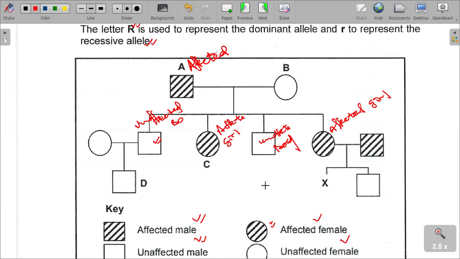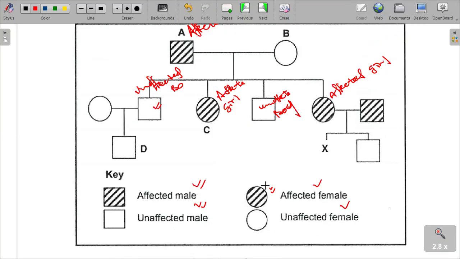In regard to this, we have an affected father. If the mother is unaffected, then we cannot have an affected girl.